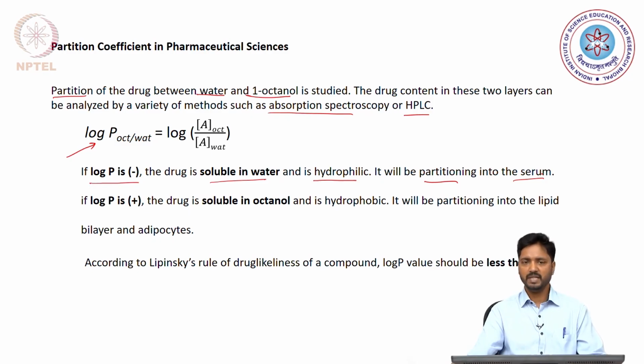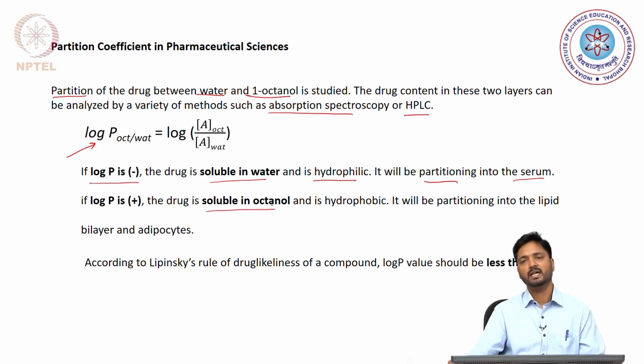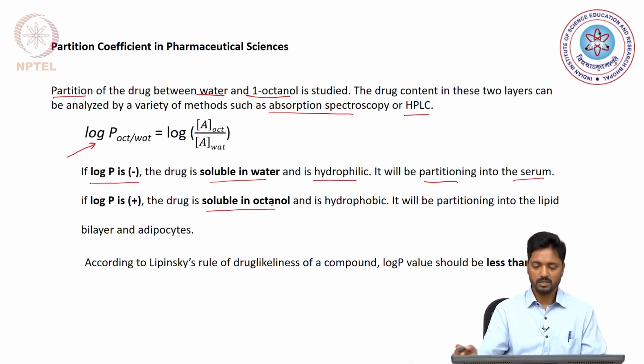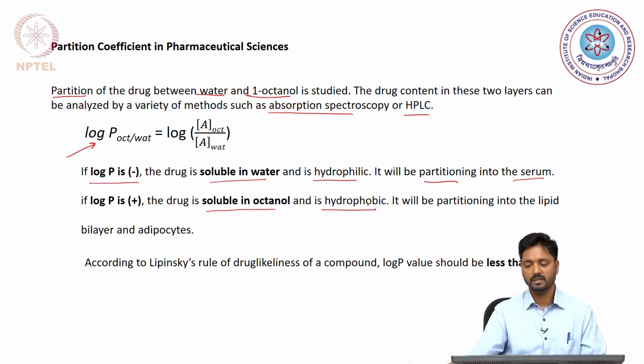The contrast to that is when the log p value is positive, and this indicates that the compound or the drug is having better solubility in the octanol phase, and that means this compound or the drug that we are dealing with is considered hydrophobic.